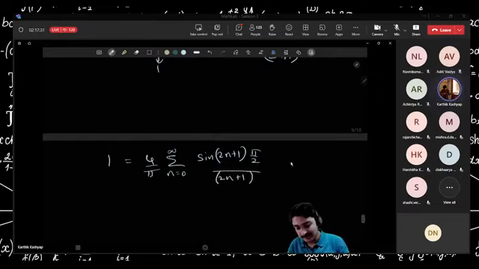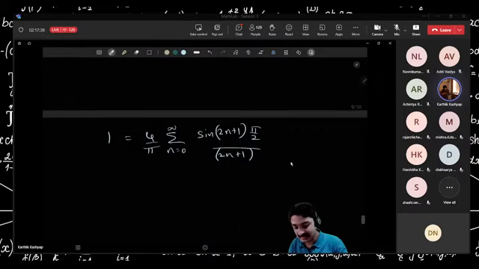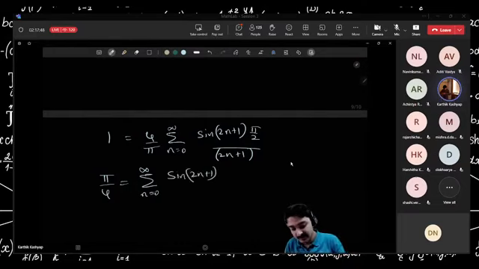So we can send this pi by 4 on the other side because it's a constant that is multiplied. Pi by 4 is equal to the summation n is equal to 0 to infinity sin (2n plus 1) times pi by 2 by 2n plus 1.